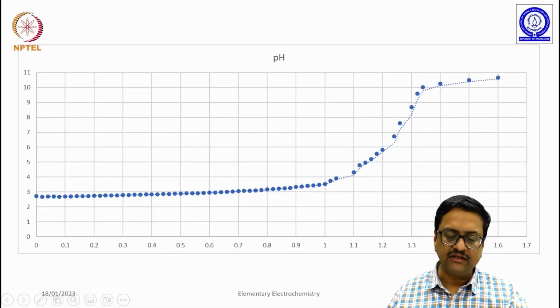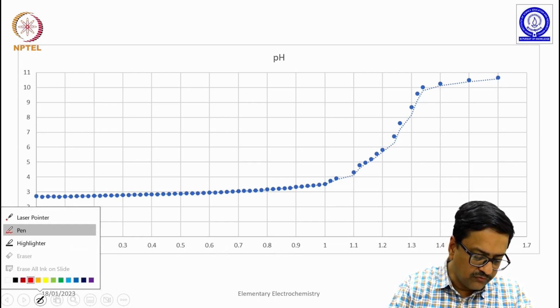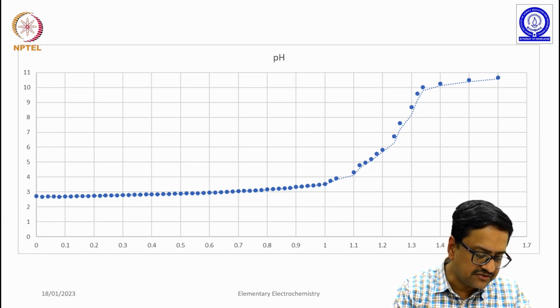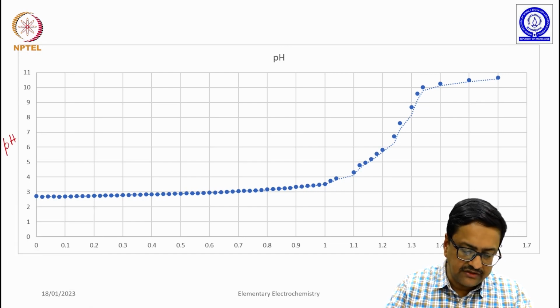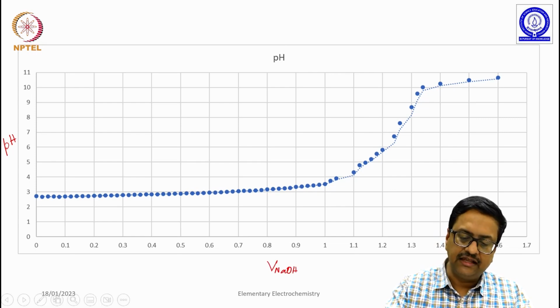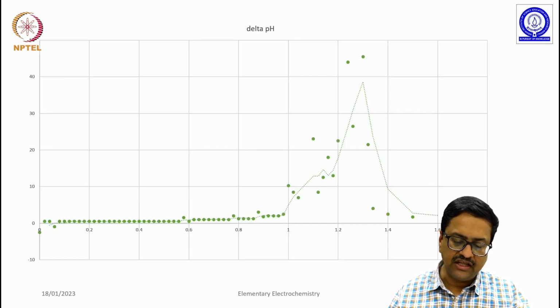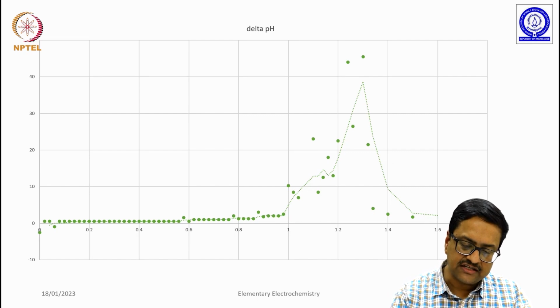You are going to get a plot like this when we have plotted the pH on the y axis and the volume of NaOH on the x axis. So, you get a slightly S type of curve, and when we plot delta pH versus V NaOH, we see that there is a jump here.